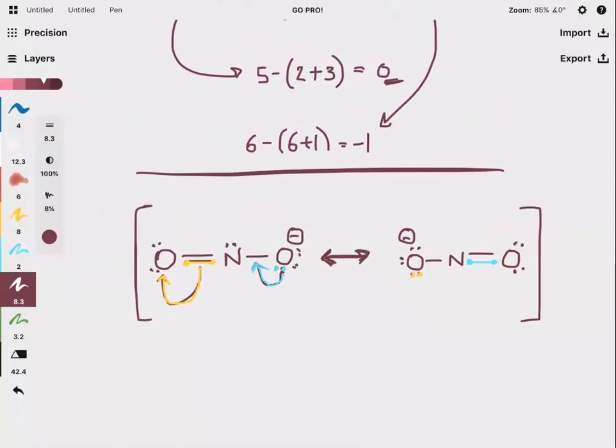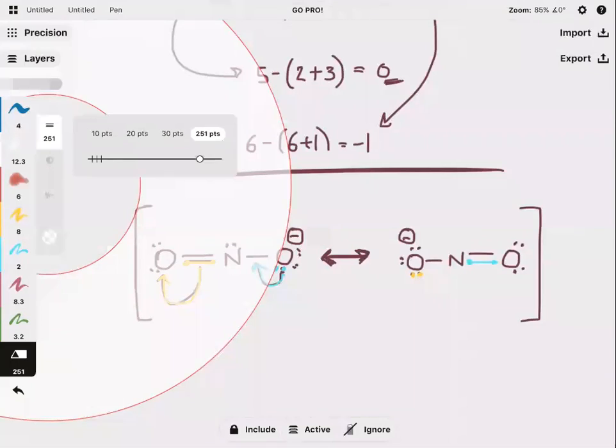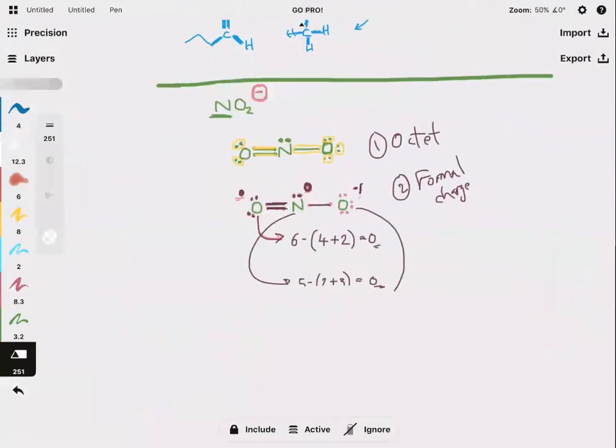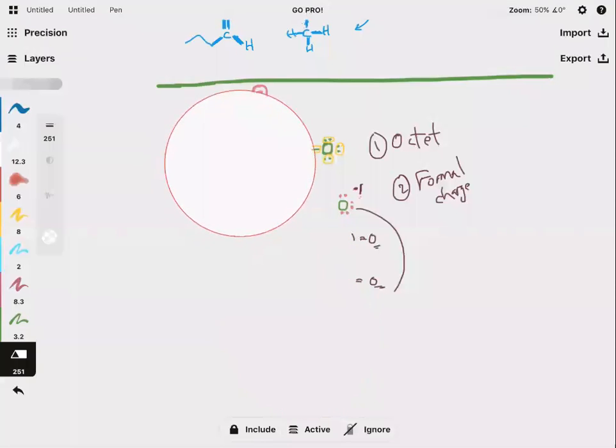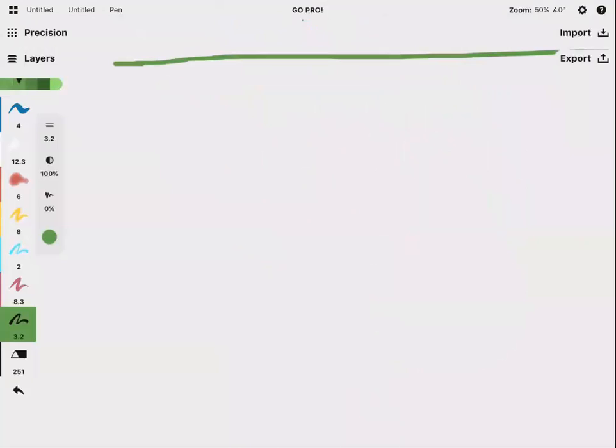Okay? So let's do another problem. And this time we'll go a little bit faster. Let's see, I'll give you a different one.